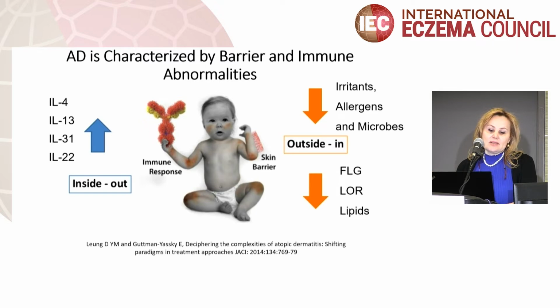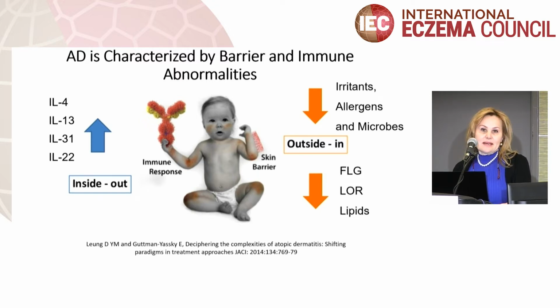And in the chronic stage of the disease, we also have interferon gamma. And we have also a very wide barrier defects that allow penetration of irritants, allergens, and microbes, creating the disease phenotype. And we know that there are also a downregulation of filaggrin, loricrin, other terminal differentiation molecules, and lipids.